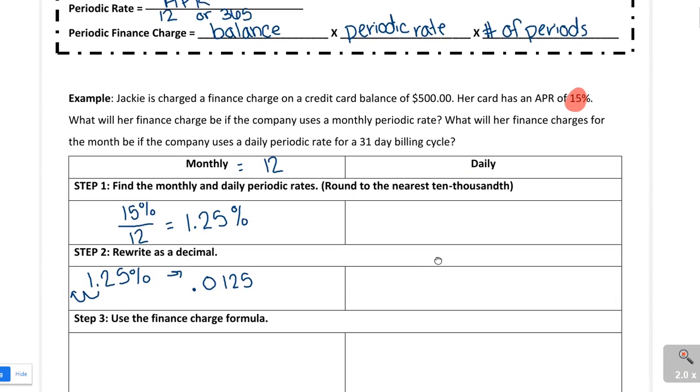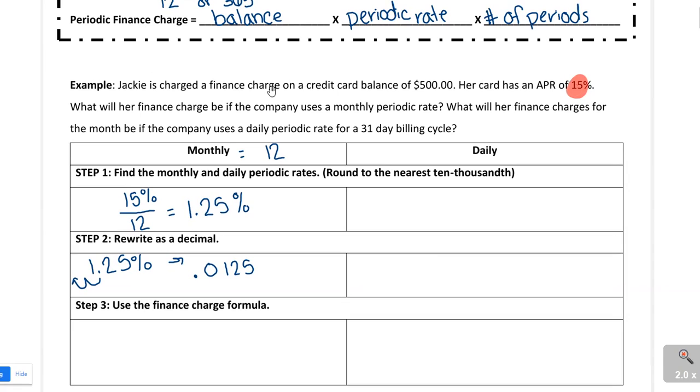Now we're going to use the formula above. We take the balance. Our balance is $500. I'm going to multiply it by our decimal for our periodic rate, 0.0125, multiplied by the number of periods.